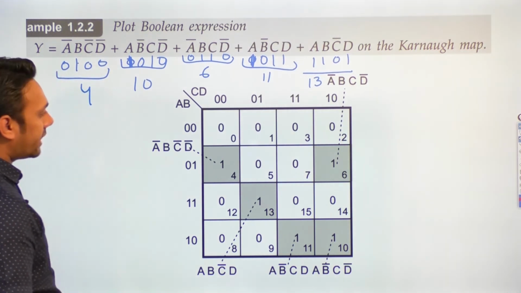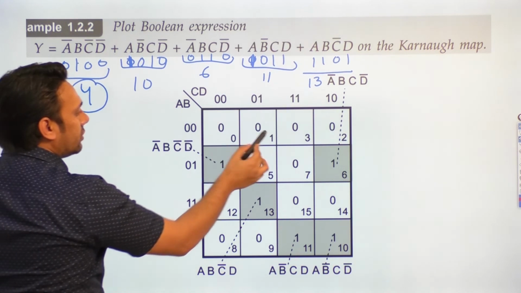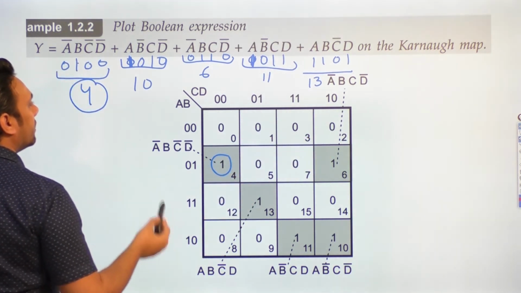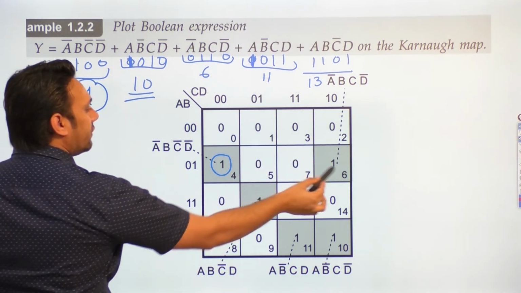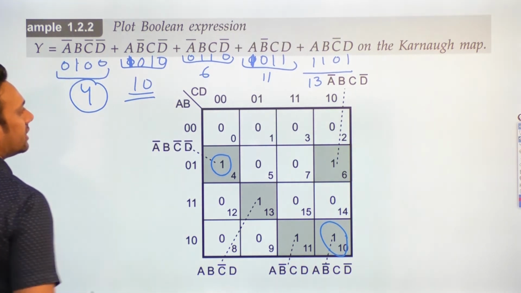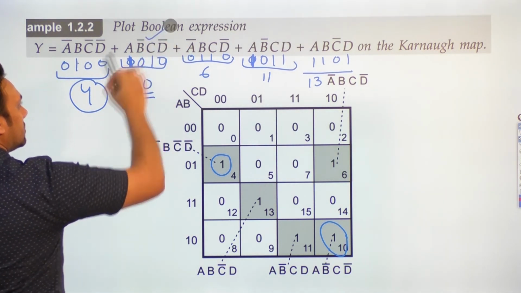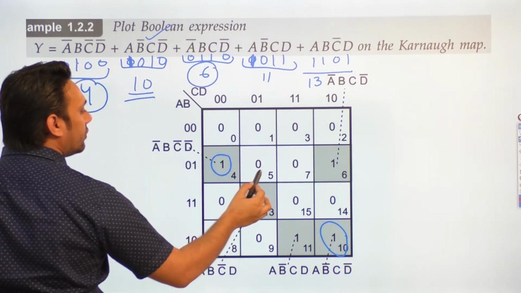Okay, now I can directly make a K-map, and in this K-map I can directly go to the location 4. So 0, 1, 2, 3, 4. Here we have 1, and then I can go to the location 10: 0, 1, 2, 3, 4, 5, 6, 7, 8, 9, 10, 11. So this is location 10. Then this is representing a value 6: 0, 1, 2, 3, 4, 5, 6.